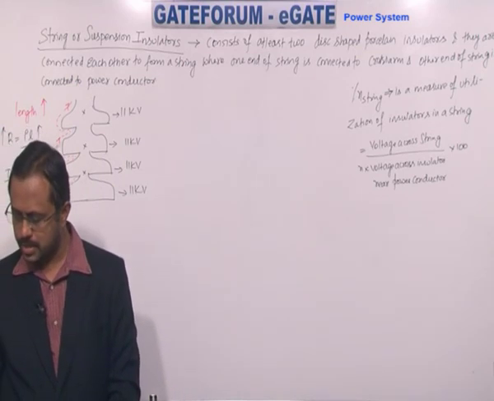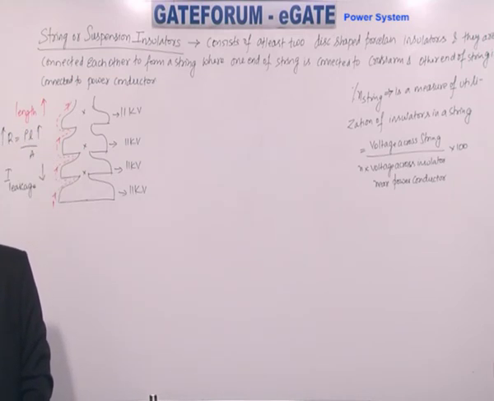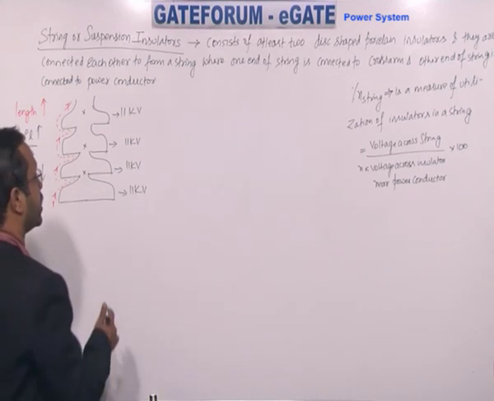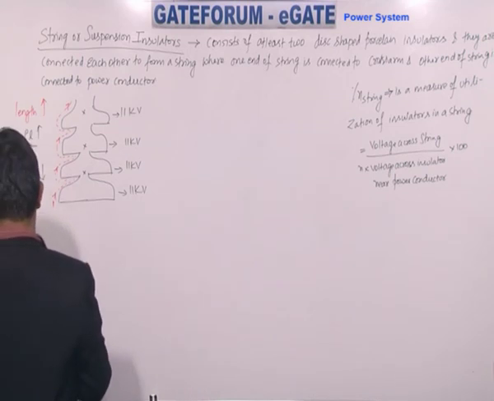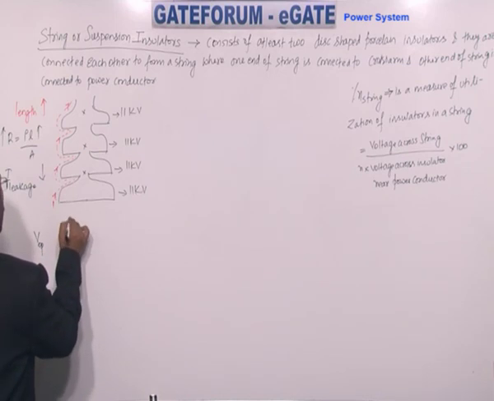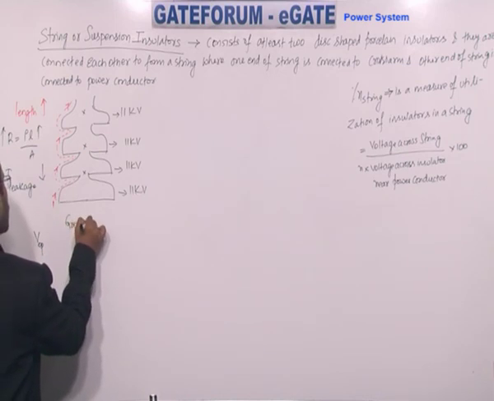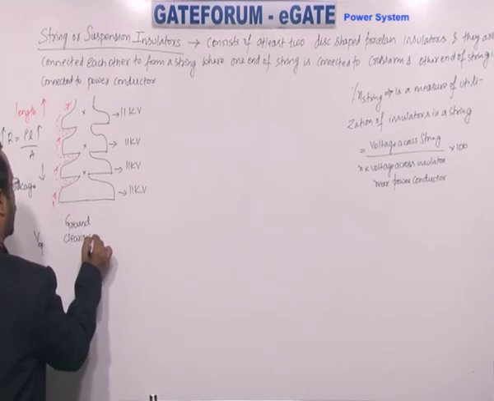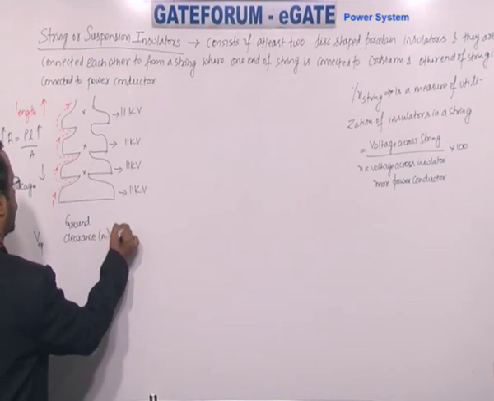And you also have this data further, regarding the number of strings required for a given operating voltage and the ground clearance. Ground clearance means the height of the conductor from the ground level.